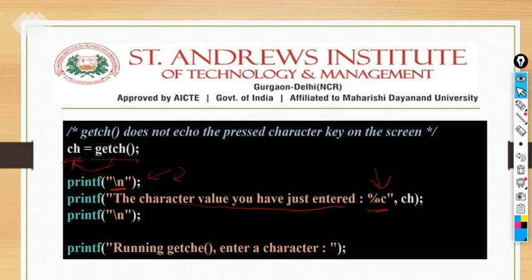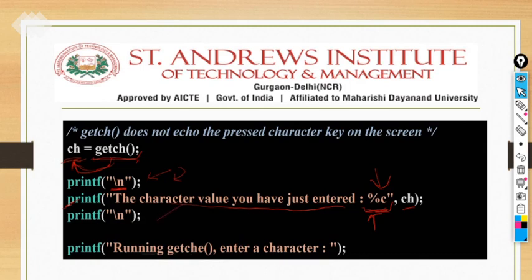Printf is a formatted console input output function, so it's important to use the format specifier here. The ch value will display whatever you entered. You have not used scanf to give the value for ch; you have used getch, so it prints whatever key you press on your keyboard.